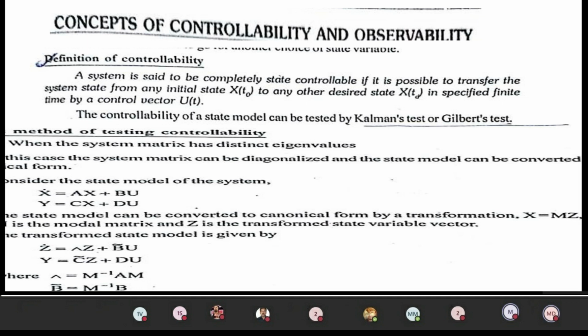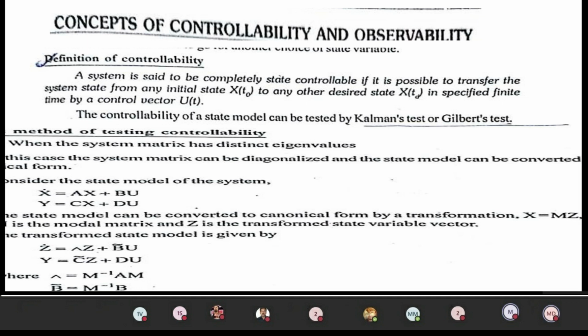So here you can see z dot is equal to A inverse V into z plus B into u, and y is equal to C vector into z plus D into u. Here the inverse V is nothing but your Gramian matrix, which can be M inverse into A into M, where M is your model matrix and its inverse is M inverse. The model matrix can be obtained by Vandermonde matrix or by using eigenvalues and eigenvectors.